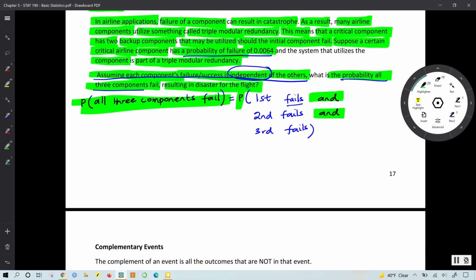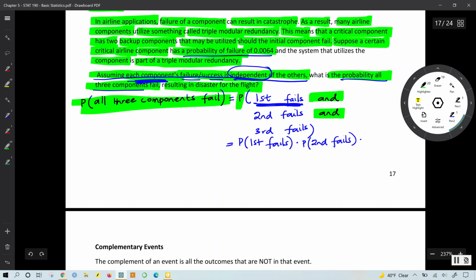This is a reflection of the fact that each component's failure or success is independent of the others. So, I will need to look at the probability that the first fails, multiplied by the probability that the second fails, multiplied by the probability that the third component also fails.